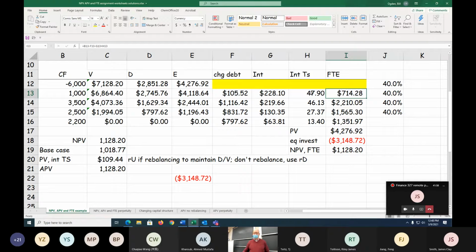Now, why couldn't I do this? Can I go equals 1,000 minus the debt minus, now I keep saying interest is paid after tax.